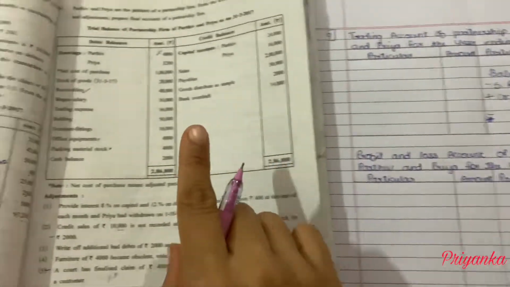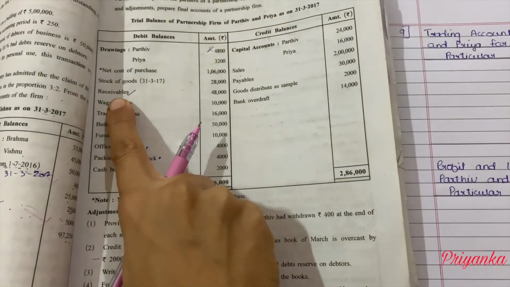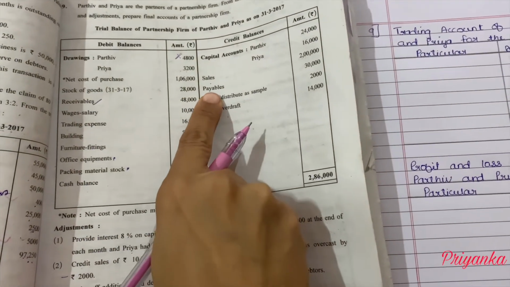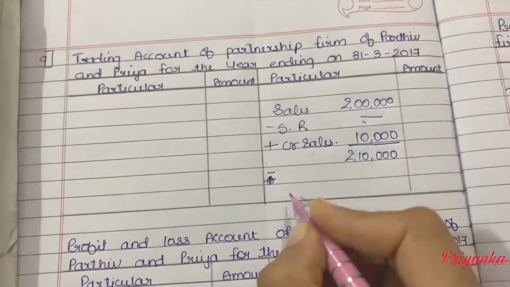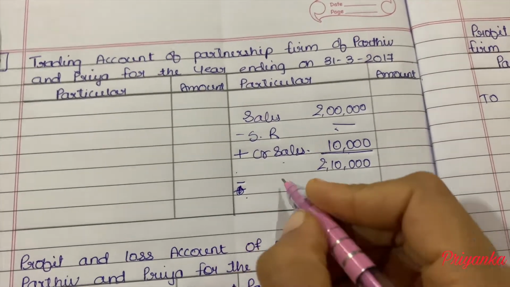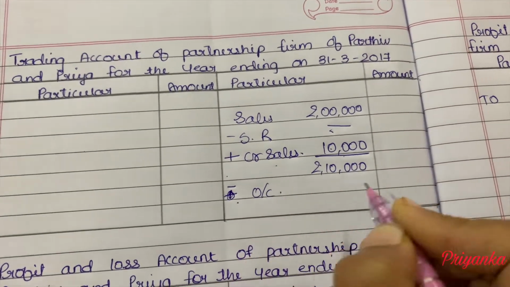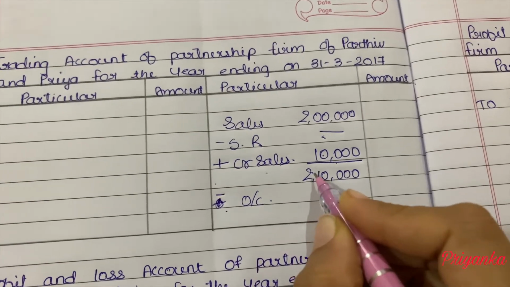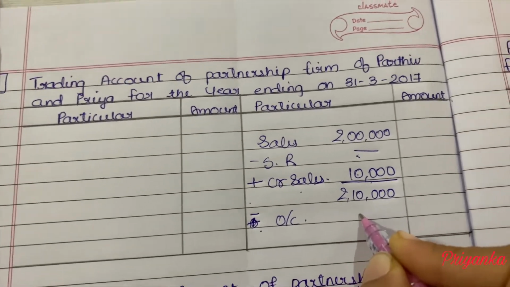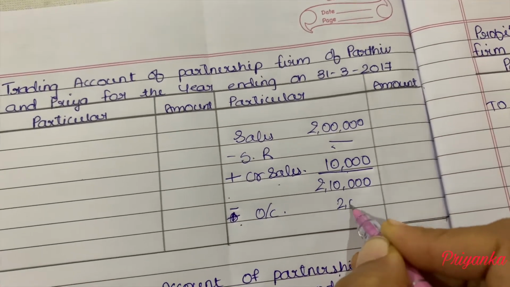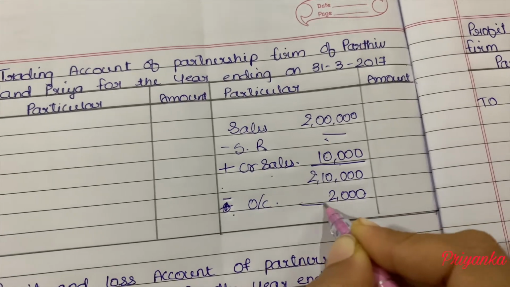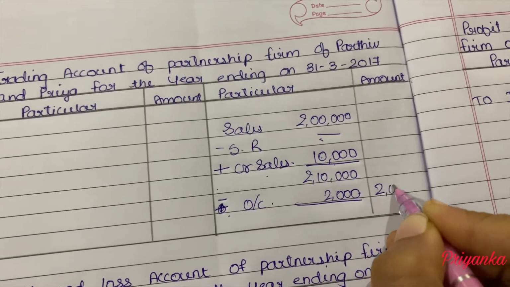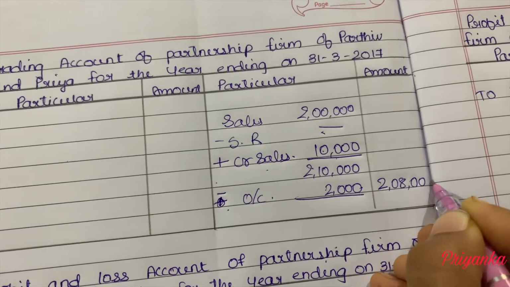And don't get confused with your trial balance: receivable is your debtor and payable is your creditor. Next was the overcast of the March amount, which has to be deducted from the 2,10,000. That is the amount 2,000. Just remove it and take the amount outside as 2,08,000.